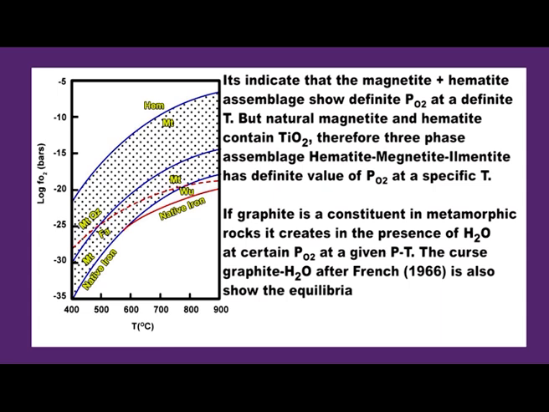If graphite is a constituent in metamorphic rocks, it is created in the presence of H2O at a certain PO2 at a given pressure and temperature. The curve graphite-water after French 1966 is also shown.